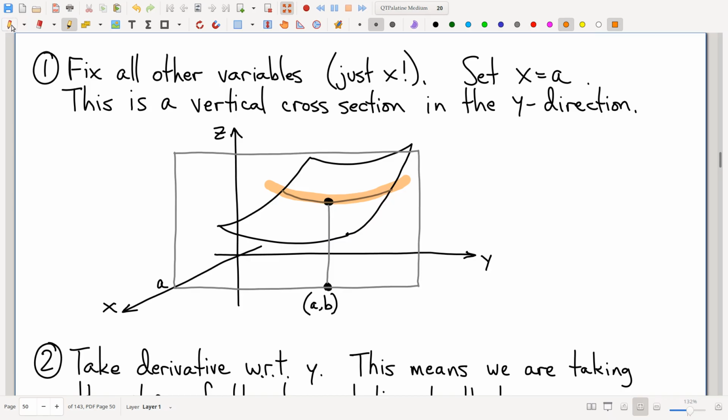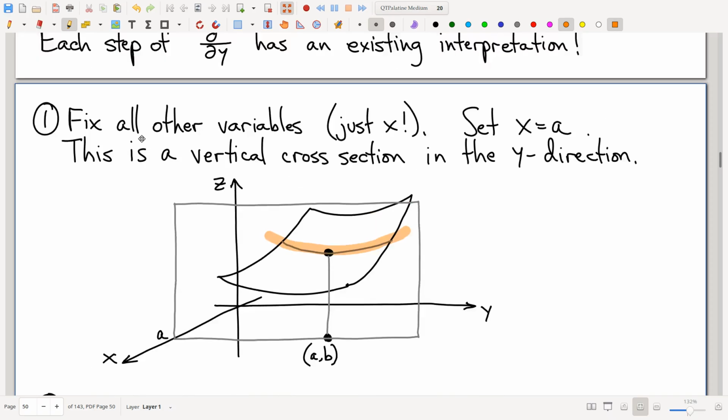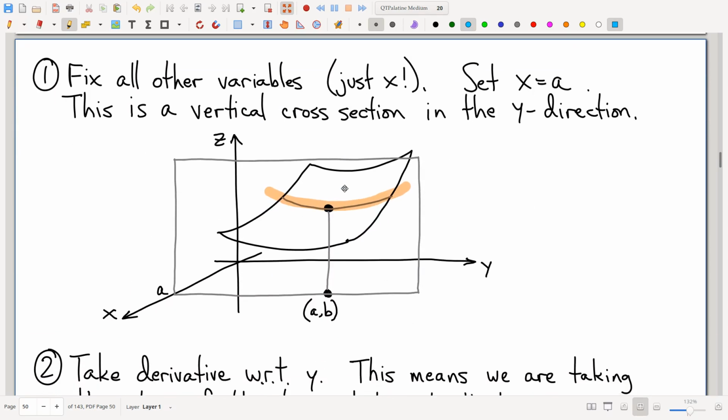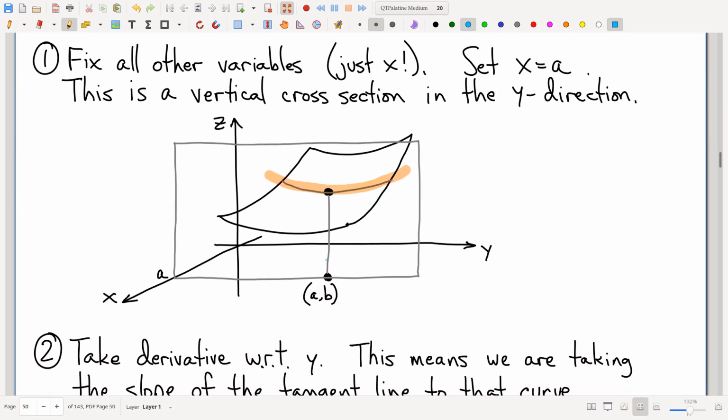Well, here's the beautiful thing. We started off looking at a graph, where height, z, was telling me the value of the function. Now, looking at this curve, the height, the z, is still telling me the values of the function.